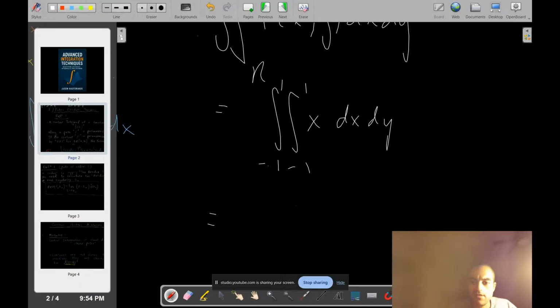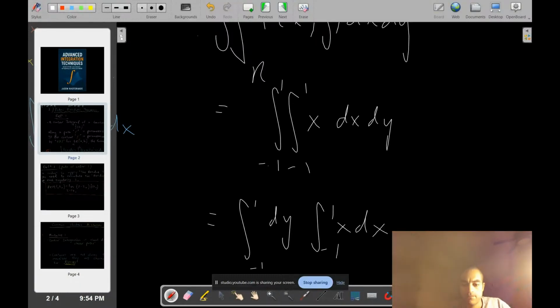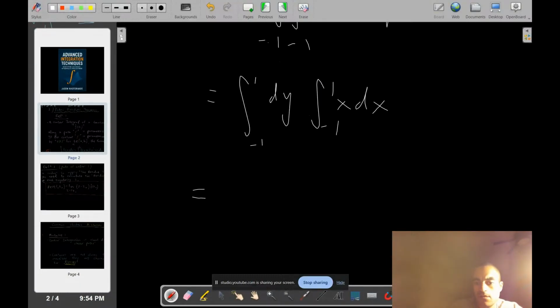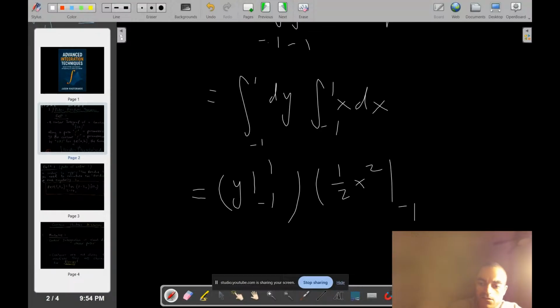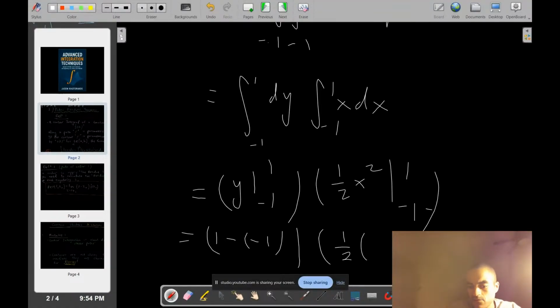So if we integrated that, we just do the integral from minus 1 to 1 of dy, times the integral from minus 1 to 1 of x dx. This becomes y from minus 1 to 1 times 1/2 x squared from minus 1 to 1.